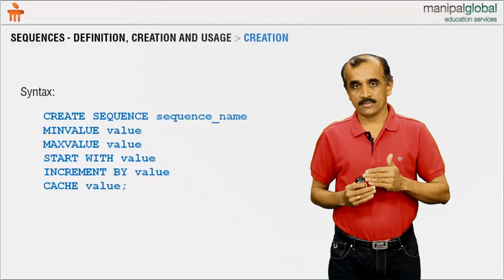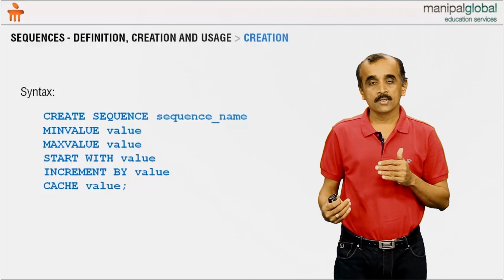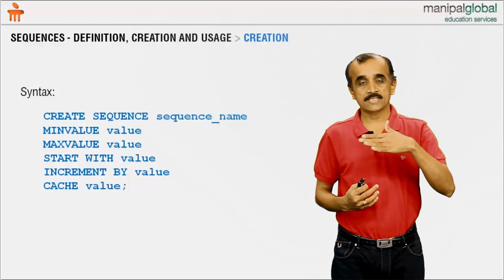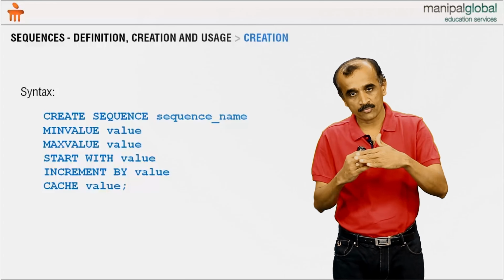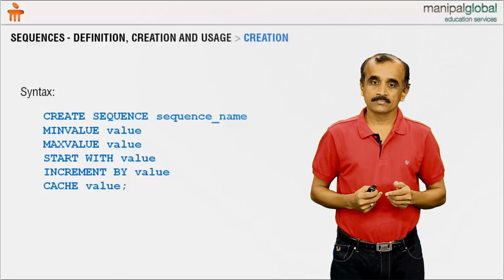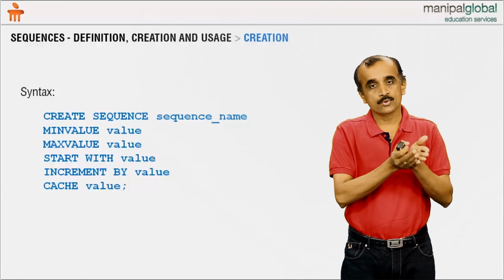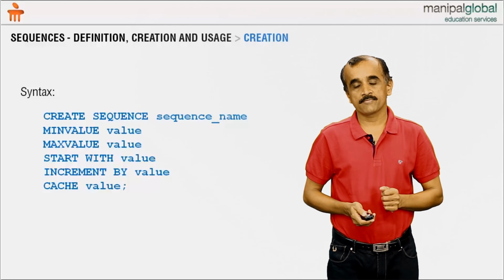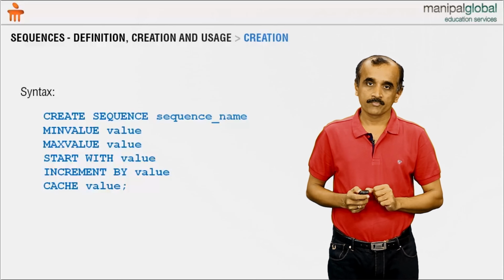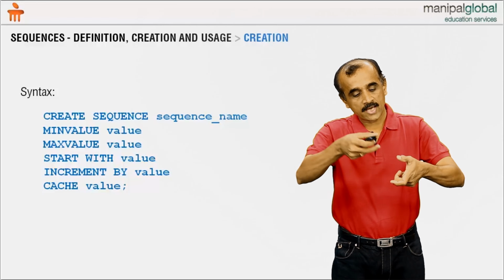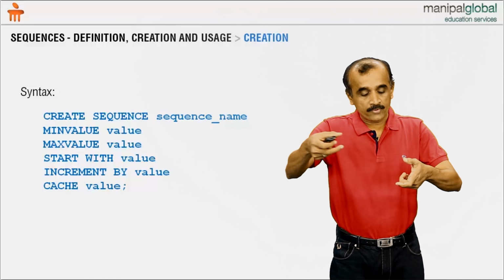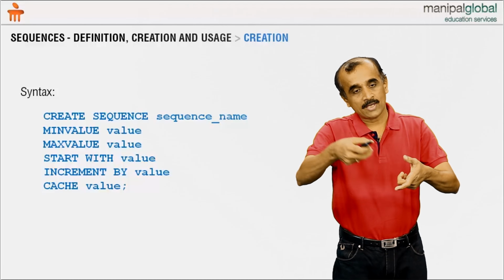Where should it start with? Minimum value may be 1, but typically bill numbers may not start with 1, maybe 1000 or 10,000, whatever it is. That is the start with. Increment by: I can increment by 1, 2, some integer value I should specify. And the cache value. When I create the sequence, the applications can make use of it, and every time I take the next value, it increments.